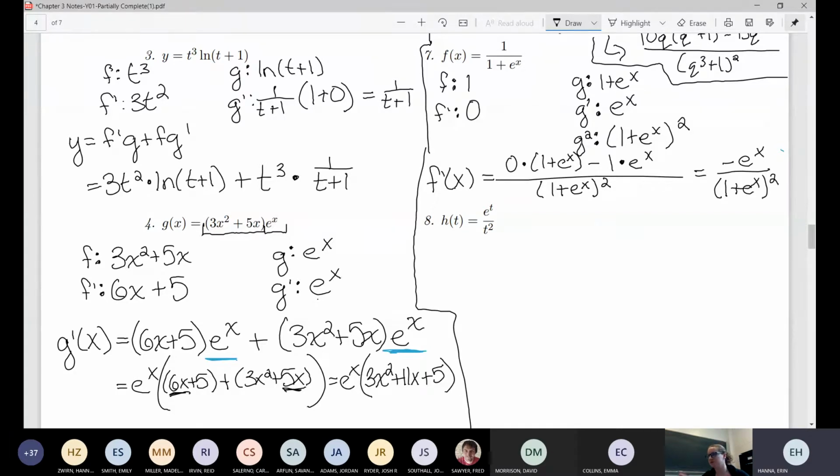Again, you could leave it, totally fine. But that type of simplification is what I would consider easy enough to make it worth the time. Doing something like foiling out that denominator is not worth the time.